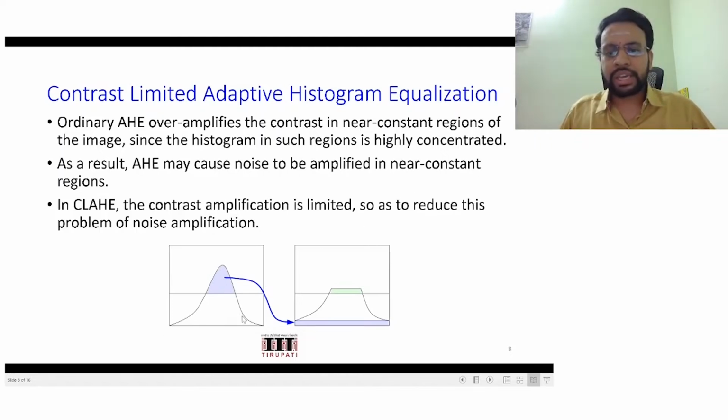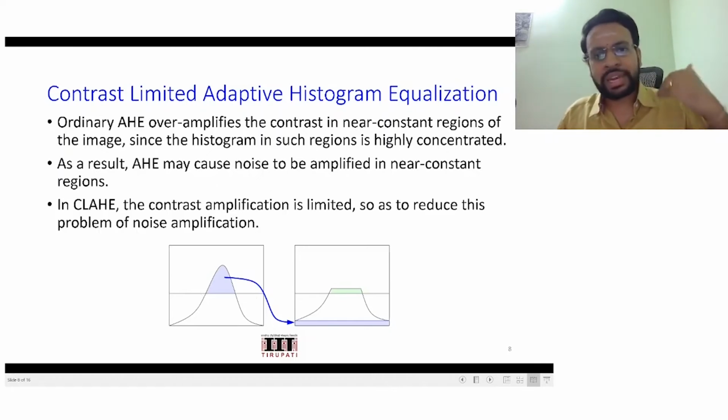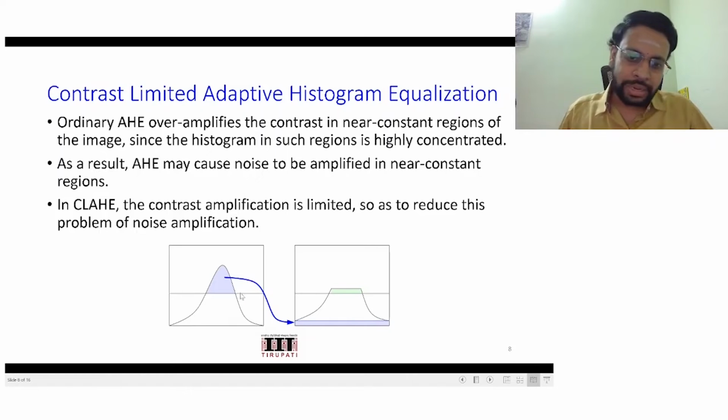Although we are drawing it here as continuous, you could think of it as a discrete version of the PDF, the histogram. You take an upper cap on the maximum value in your PDF. For example, you clip it here, so whichever is greater than this is clipped and just kept at this value.